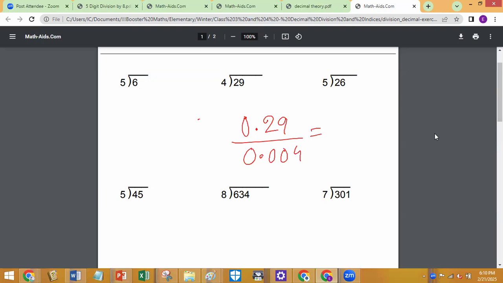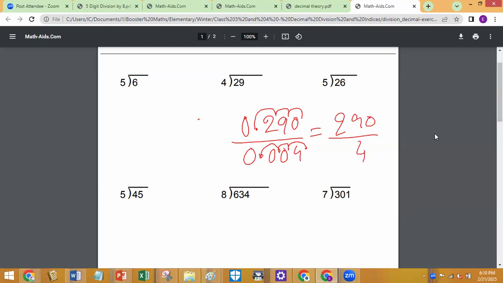First of all, as you can see, it is 0.29, and in the numerator there are 2 decimal places, and in the denominator there are 3. Because we have to move the denominator, if we were to remove it, we have to move 3 decimal places, so it becomes 3 hops. So in the numerator, you must put another 0, and that becomes 1, 2, 3, so it is 290 by 4.